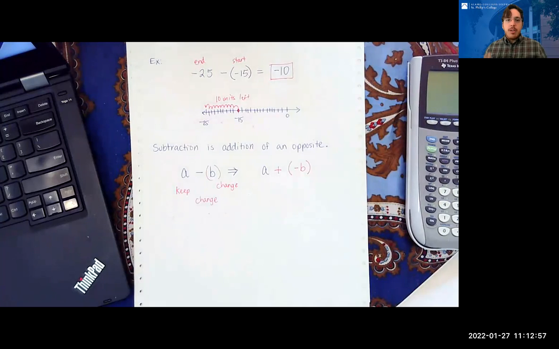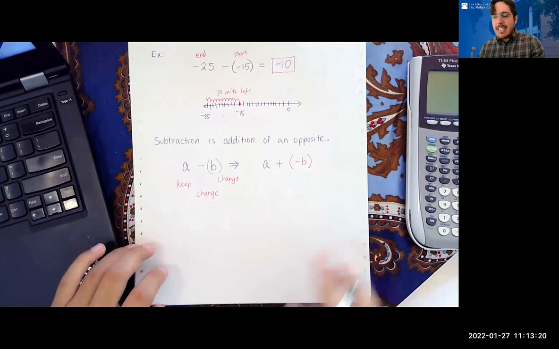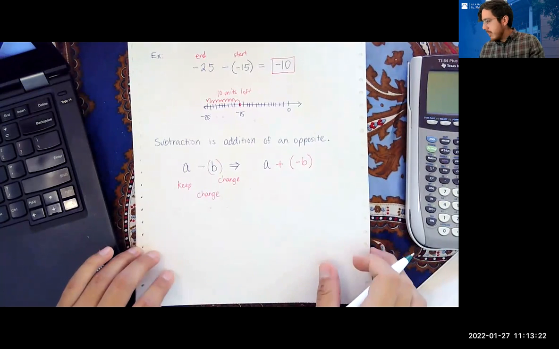And then we just have to worry about what our rules for addition are, right? When we're adding numbers with the same sign, we just add those numbers and keep the common sign. When we're adding numbers with two different signs, we take the larger, subtract the smaller, and keep the sign of the larger number. Okay. So let's do some example problems using this keep, change, change method.